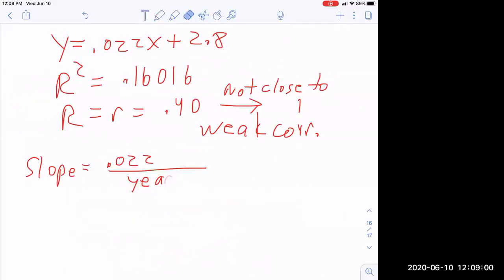So I'll make that per year. So although it's weak correlation, we have a slope that says the evaluation points are increasing 0.02 points per year. And that's all I want you to know.